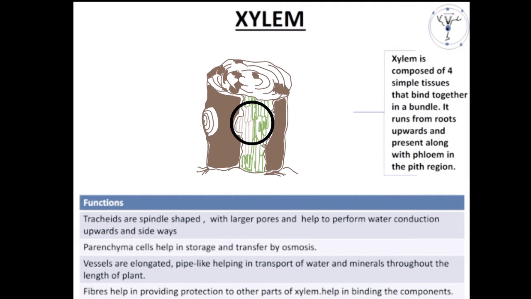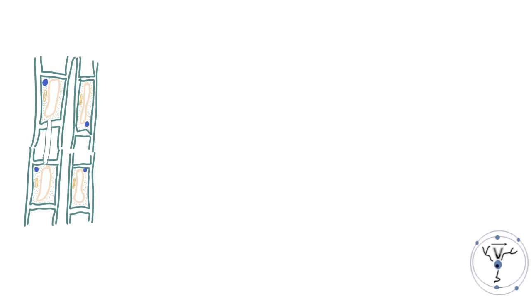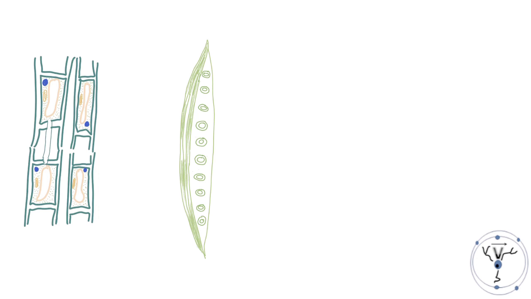Xylem is the first complex permanent tissue that we are going to discuss today. Xylem tissue is made up of 4 simple kinds of tissues, that is xylem parenchyma, xylem tracheids, xylem vessels and xylem fibers.